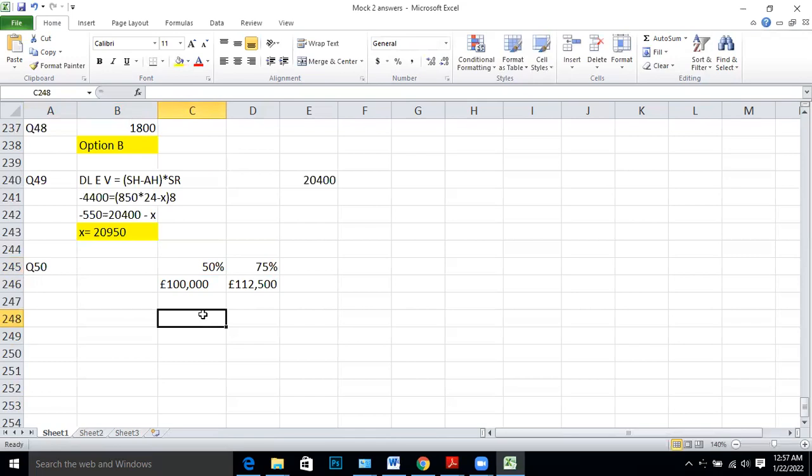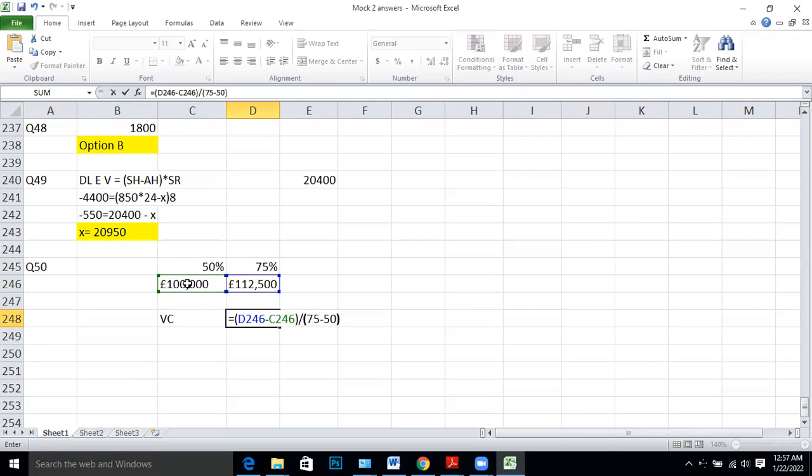We'll do this first, the variable cost. Get the difference between costs and divide by the difference between volume. Volume is in percentages, 75 minus 50. Put the numbers rather than making a reference to cells. 112,500 minus 100,000.